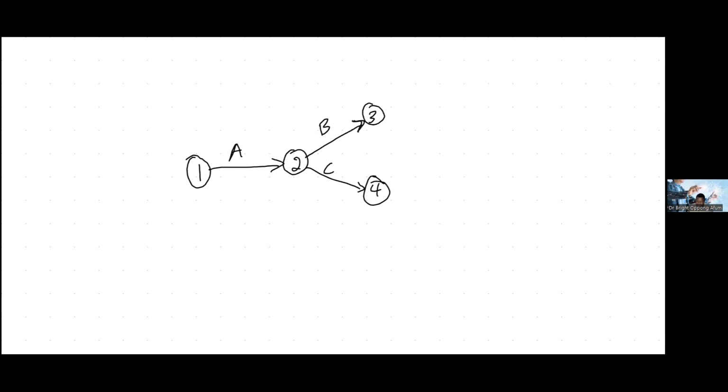Now, activity B is followed by D. So when I put 5 here and I put D here, this means that activity B is followed by D.